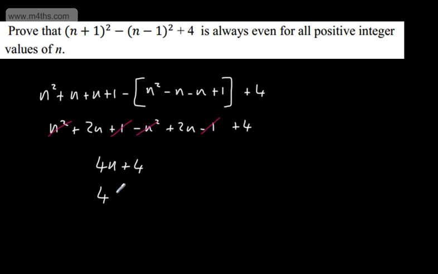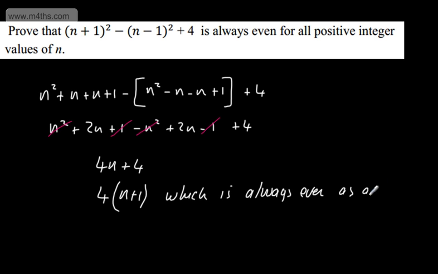We can factor this to 4(n + 1), which is always even, as a multiple of 4. If we multiply anything by 4, we're going to get an even number.